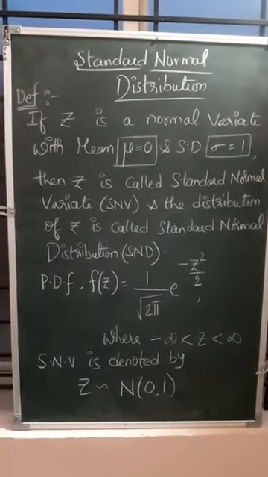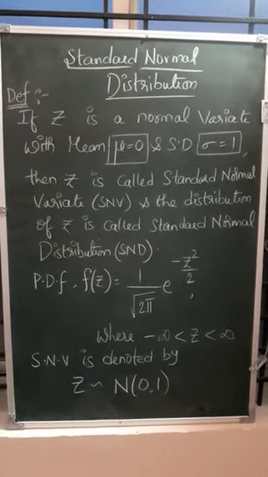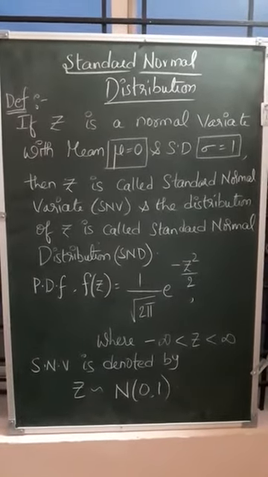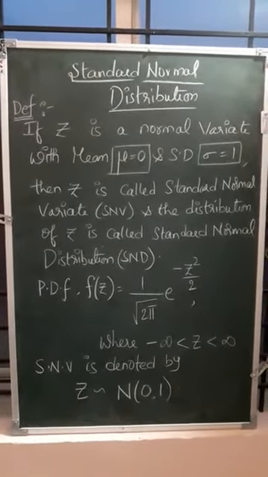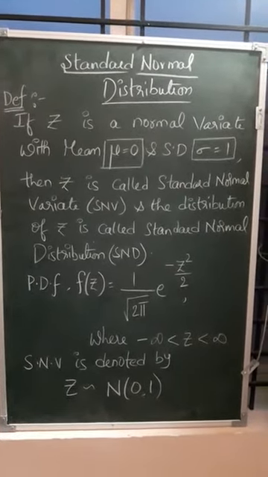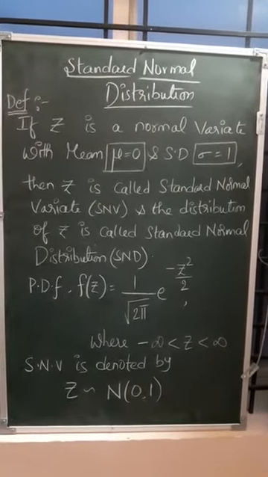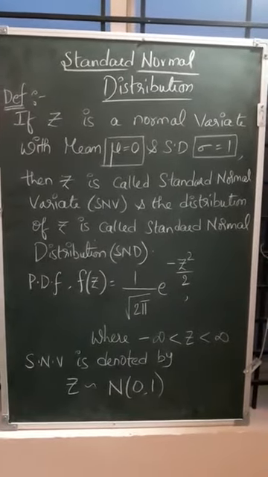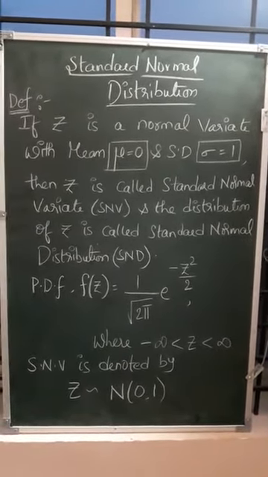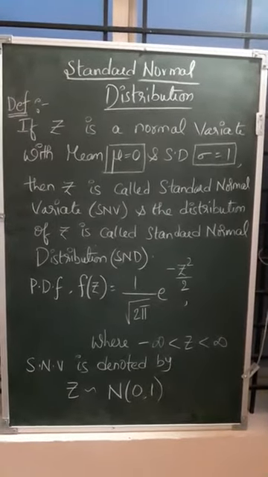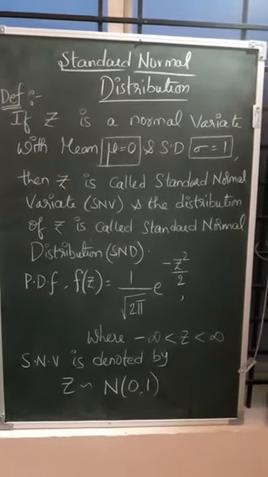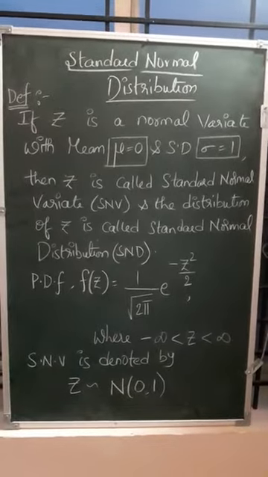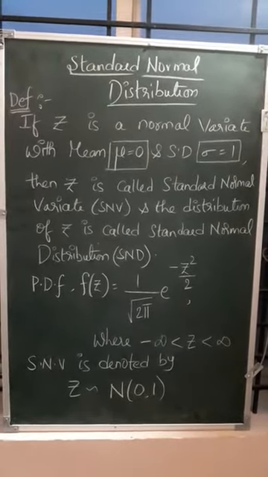Now, the main concept we are entering into within the normal distribution is the standard normal distribution. See, I have given you the definition here. If Z is a normal variate with mean mu equals 0 and standard deviation sigma equals 1, then Z is called standard normal variate.